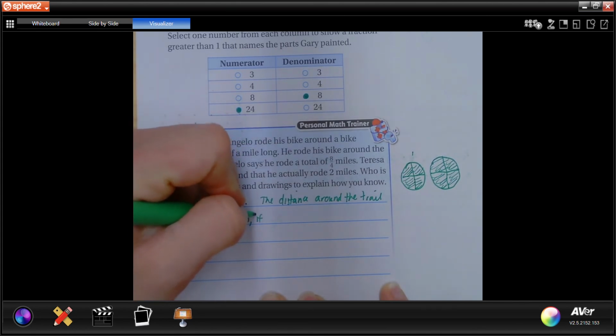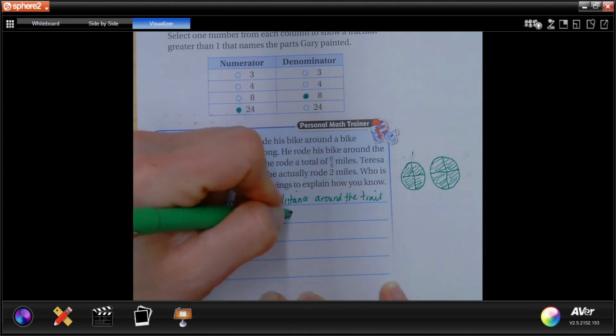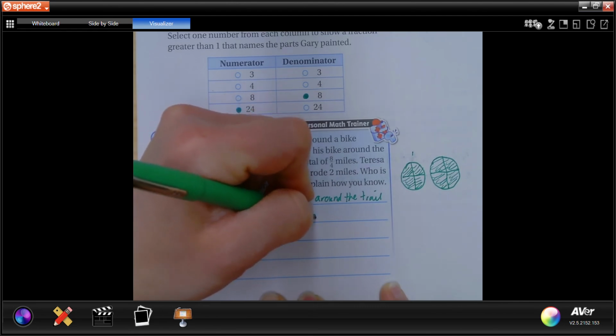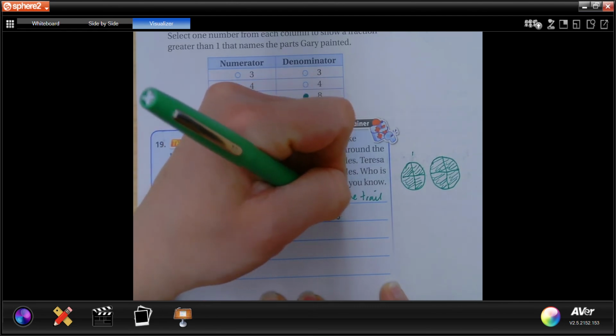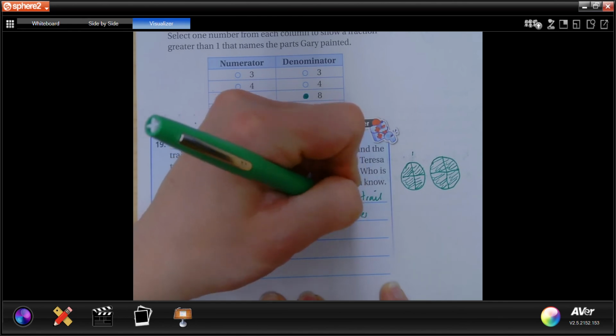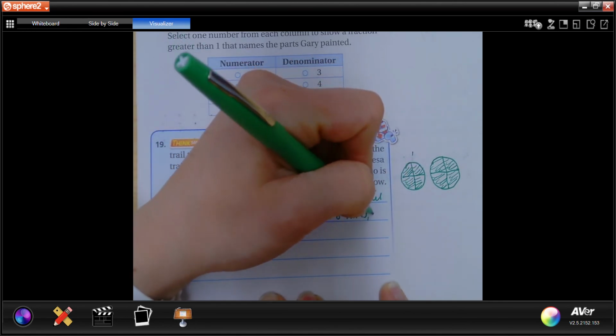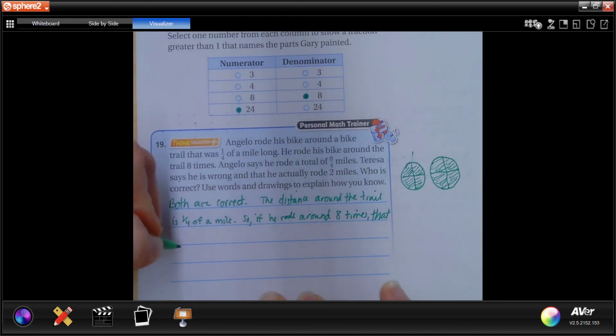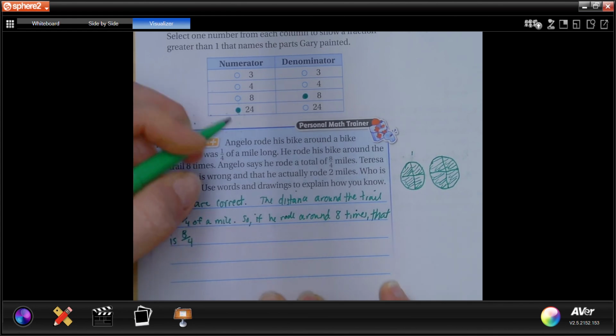So if he rode around it 8 times, that is 8 times out of how many are in a whole? 4. So 8/4.